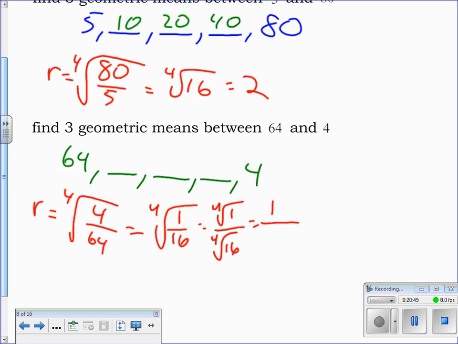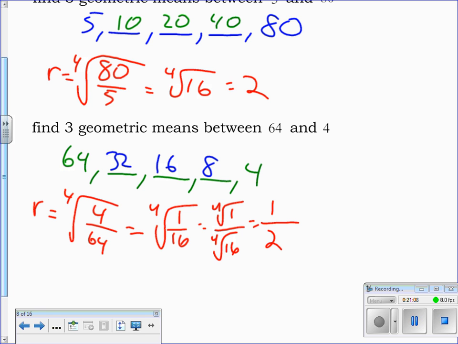Fourth root of 16, we just did that, that's 2. But if you did it on your calculator, you should get 1/2. And now I can fill in the blanks. Half of 64 is 32, half of that's 16, half of that is 8, and half of that is 4 to match up my 4.